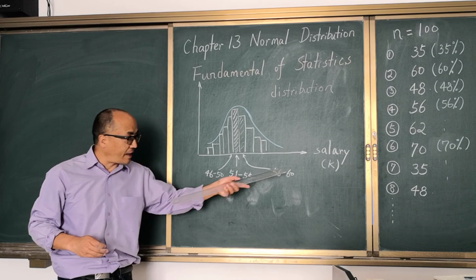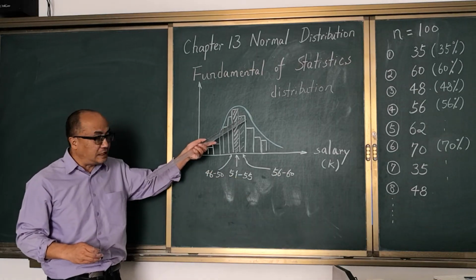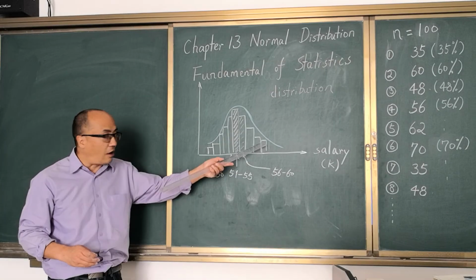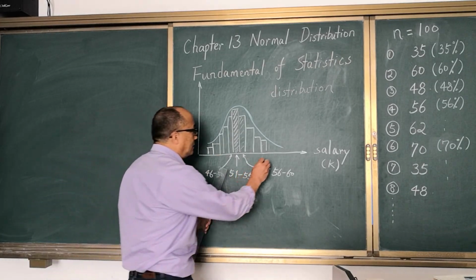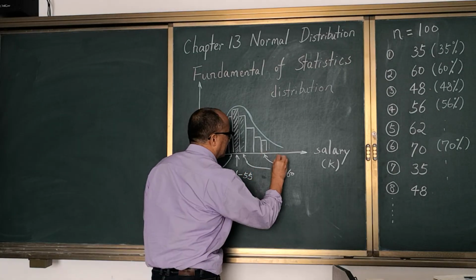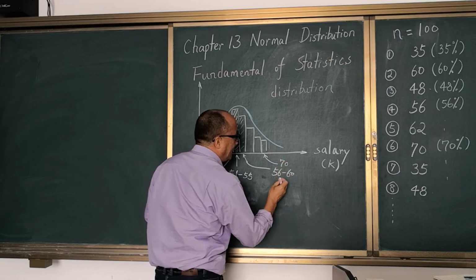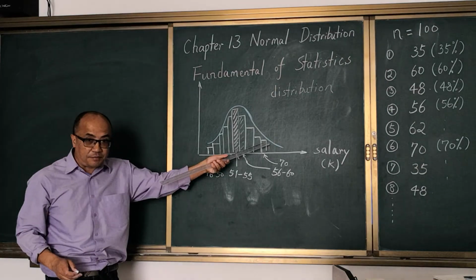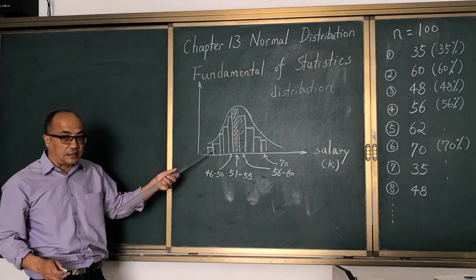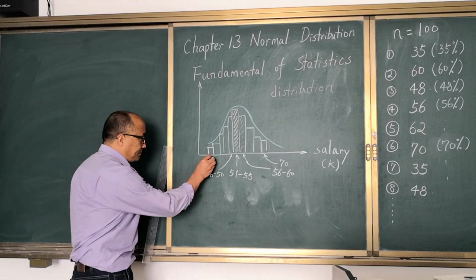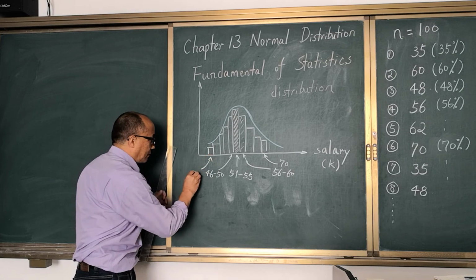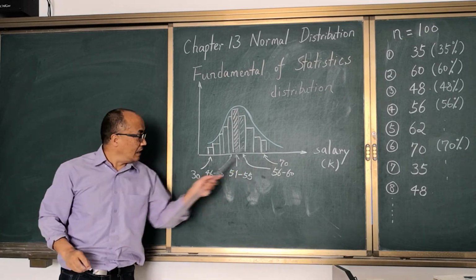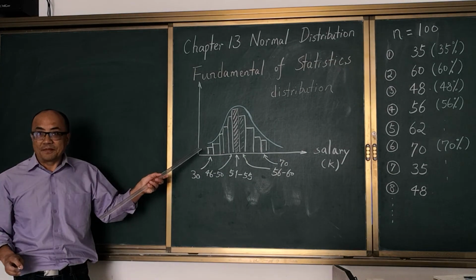This is 56,000, and there are this many people, and this is 70,000, and this many people, and here is 30,000, and we have this many people.